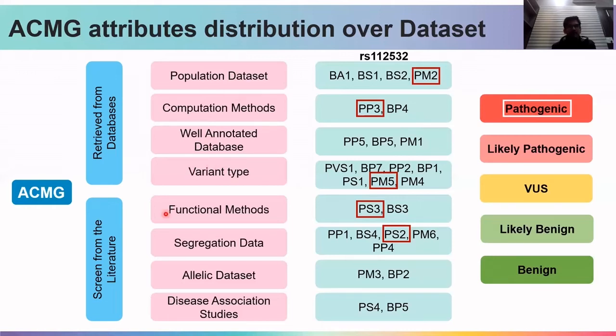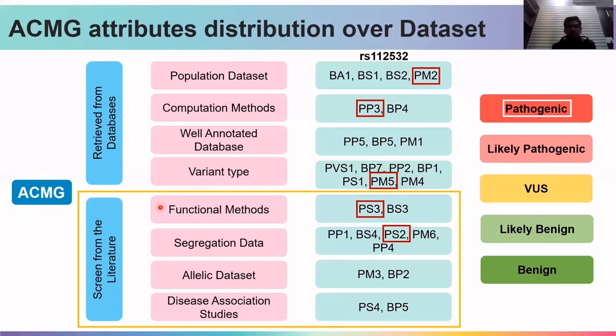While for the other 4, that is functional methods, segregation data, allelic data sets, and disease association studies, that is GVACI, we have to look at the literature and screen through it to find out whether our RSID satisfies any of these attributes and mark it accordingly. So in this session, I will be talking about these 4 data sets and methods, and about these attributes in much more detail.